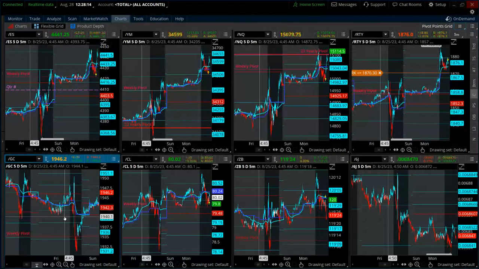You say, which futures overnight session is the most active? Well, at 6:30 and 7 o'clock at night, it's going to be Asia. At 2 o'clock in the morning, it's going to be Europe.